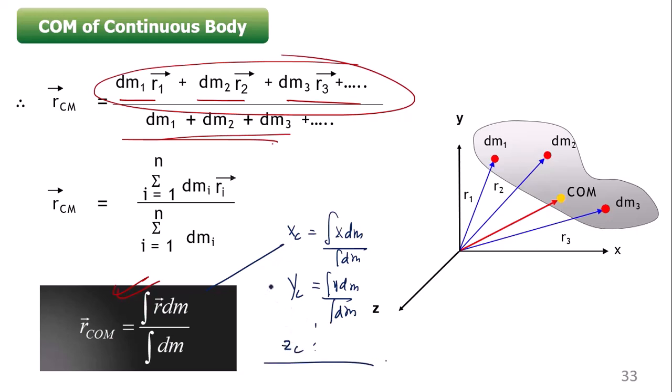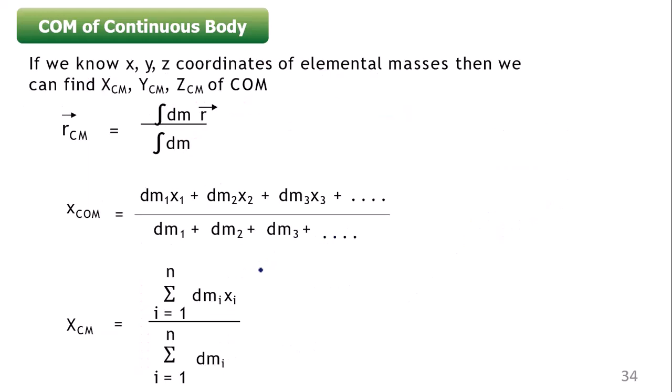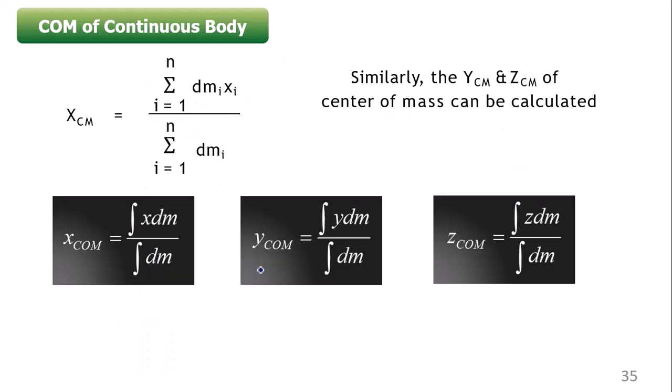So be very careful regarding the dm. dm is the element, and x is the x coordinate of the center of mass of that dm element. y is the y coordinate of the center of mass of that dm element. So this is the basic idea to calculate the x center of mass, y center of mass, z center of mass. These are the three formulas that I am going to use to solve the problem.